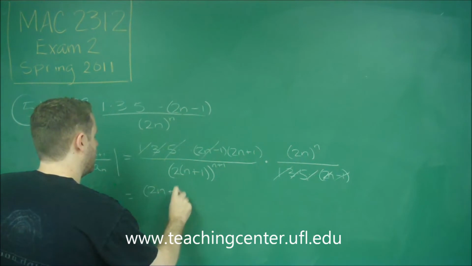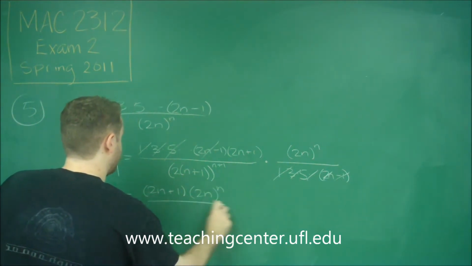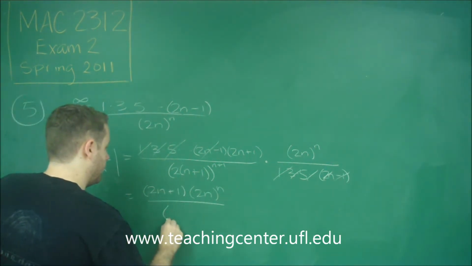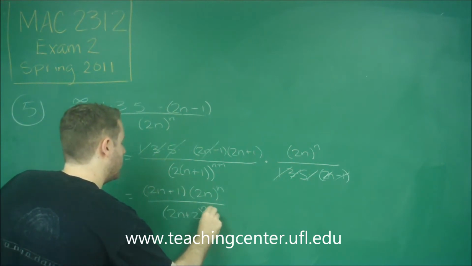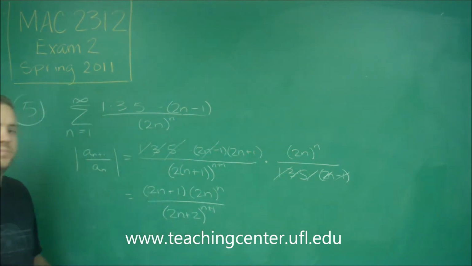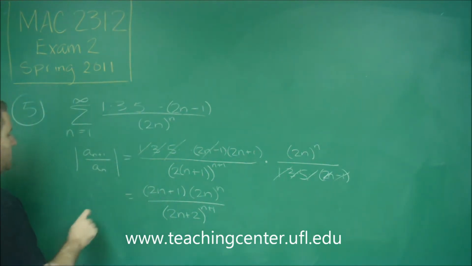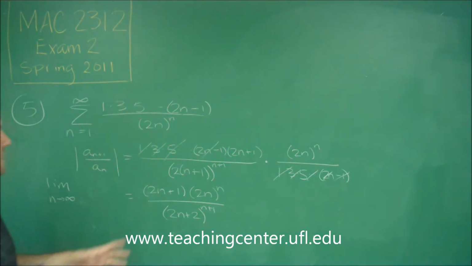We have 2n plus 1, and we have a 2n to the n on the numerator. For the denominator, let's expand this. So we have 2n plus 2 raised to the n plus 1 power. We need to distribute that 2 inside. So we need to do the limit as n goes to infinity of this and see what happens.